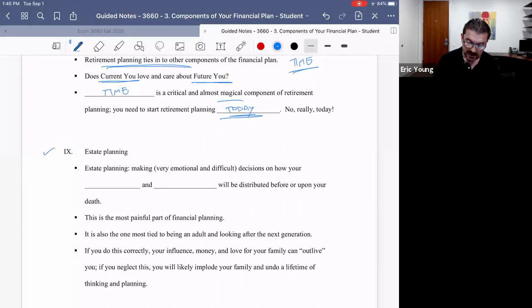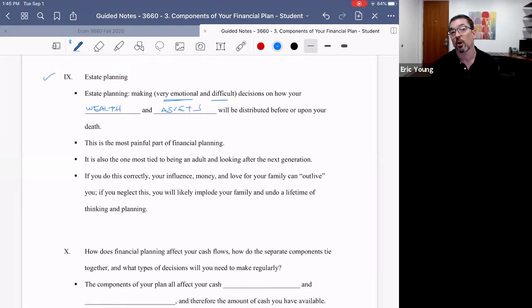This is the process of making, and I will be the first to tell you, very emotional, very difficult, very painful decisions on how your wealth and assets will be distributed either before or more than likely upon your death.